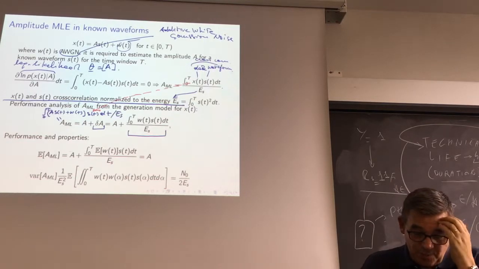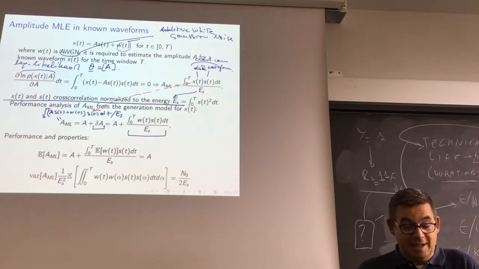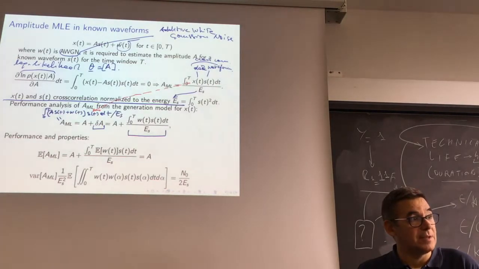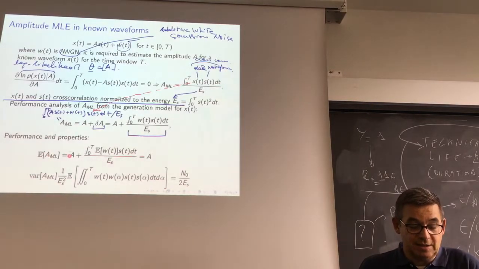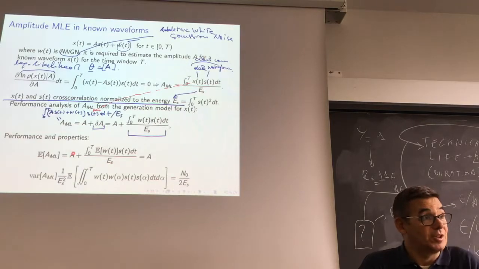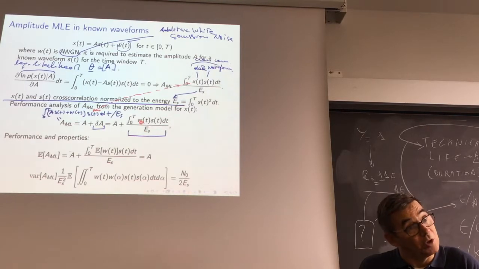Now, once put in this way, I can calculate the expected value of the estimator. The expected value is the expected value of A, which is A itself, plus the expected value of the second term. But since S(t) is deterministic, and the energy is deterministic, the only expectation is with respect to the noise, because noise is the only random term.